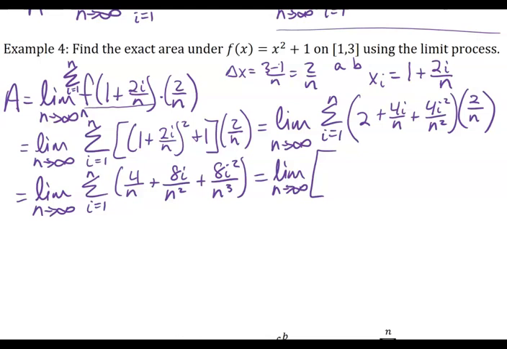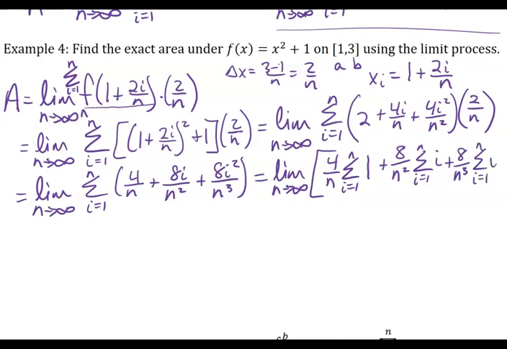So I can factor 4 over n to the front of the summation and just have a 1 left over, which is my constant series. And then I can factor 8 over n squared to the front, sum from 1 to n of, now I have the linear series, and then 8 over n cubed gets factored, and I have a quadratic series left.